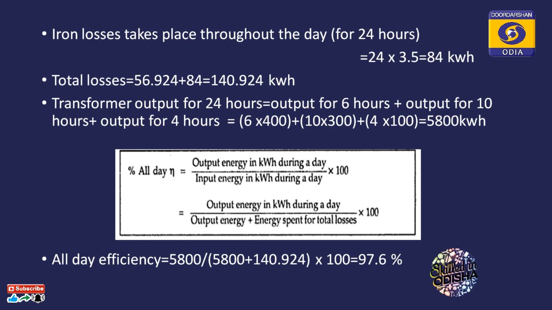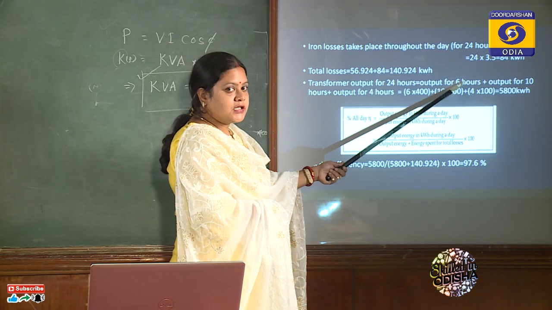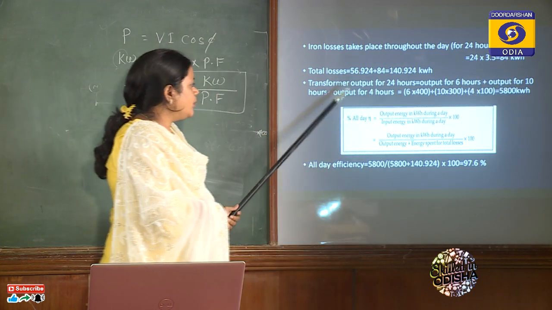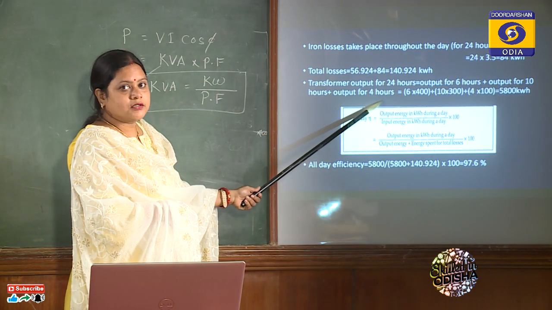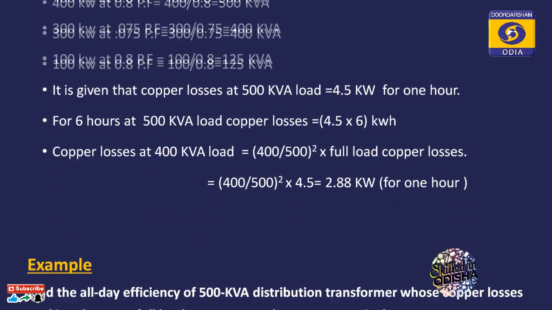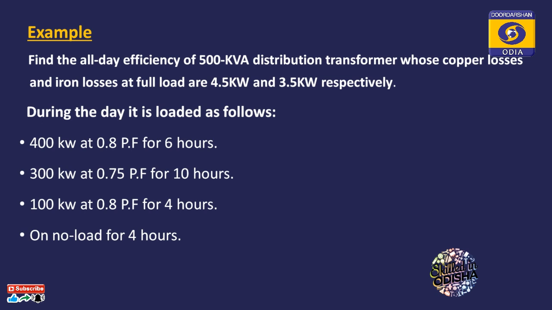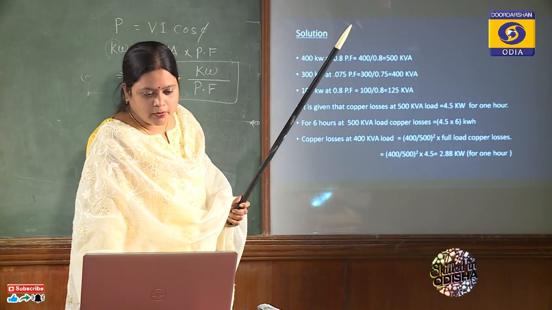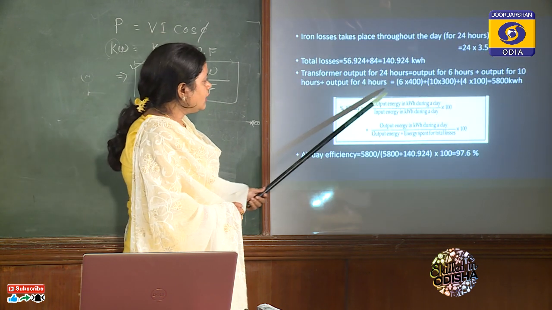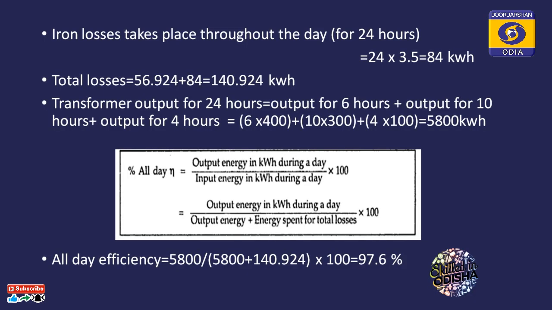The transformer output for 24 hours is equal to output for 6 hours plus output for 10 hours plus output for 4 hours. See the question. 400 kilowatt for 6 hours, so output will be 400 into 6, or 6 into 400.